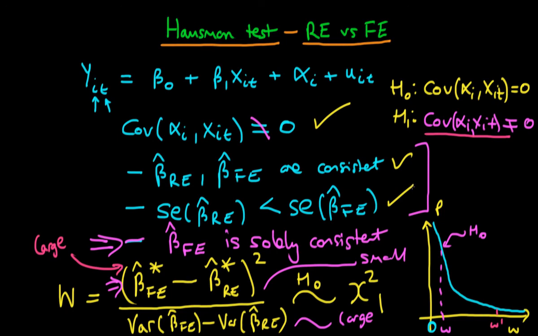Whereas if we reject the null hypothesis, then we are going to conclude that fixed effects is the estimation strategy to go with, because only fixed effects estimation is consistent in this circumstance. Essentially, what this particular statistic W is doing is comparing the consistency of the two estimators, which is the numerator, with the relative gains of efficiency which can be obtained by using random effects over fixed effects.